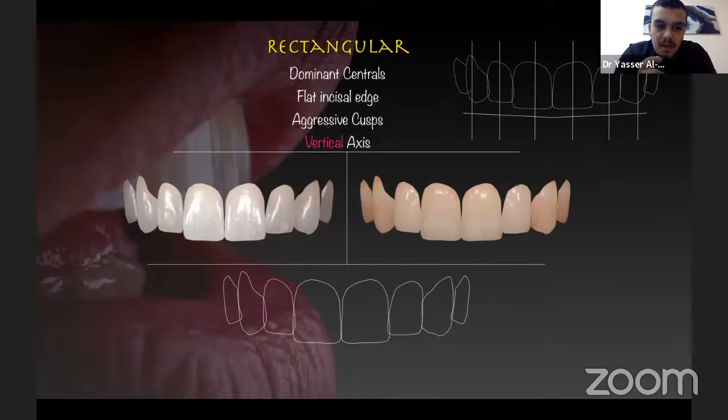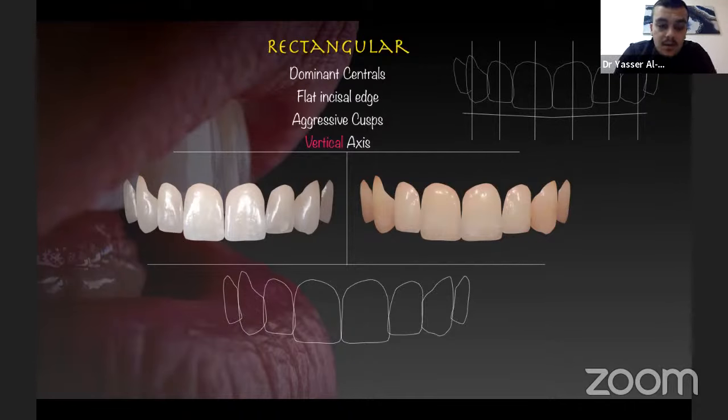A patient may come to our clinic with a rectangular shape of the teeth, or with an oval or rounded shape of the teeth. So every patient has a treatment plan, and all the ideas for the smile makeover of his case.